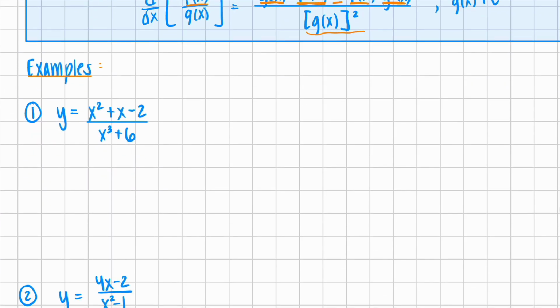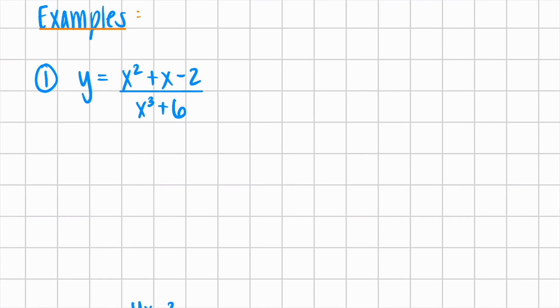So starting with number 1, your numerator is this x squared plus x minus 2. Our function in our denominator is x cubed plus 6.